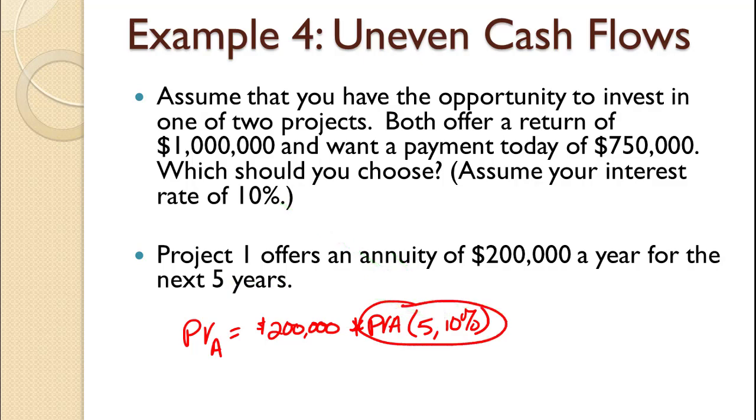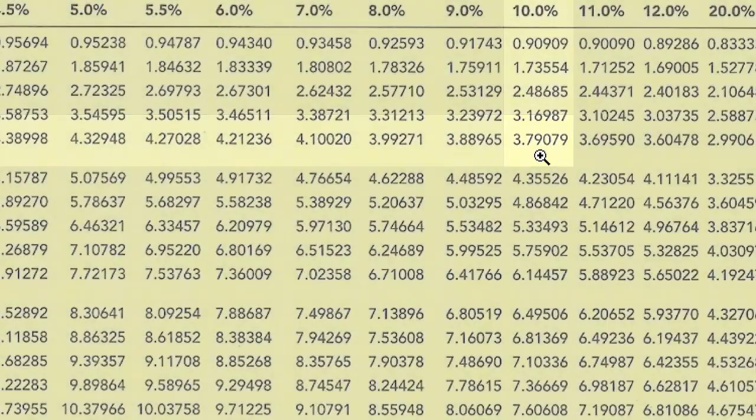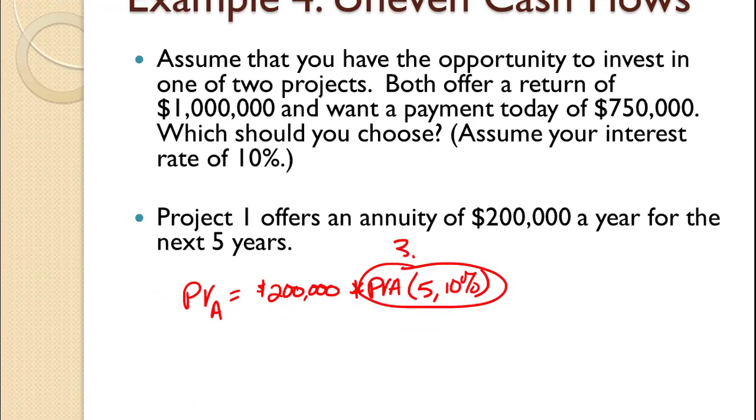Let's go get this value. So 10% and 5, 3.79079. And if I multiply that out, I get $758,158. So is this one a good deal?